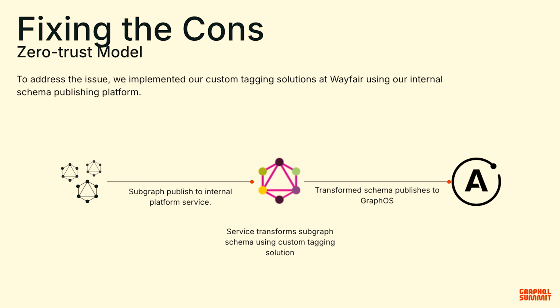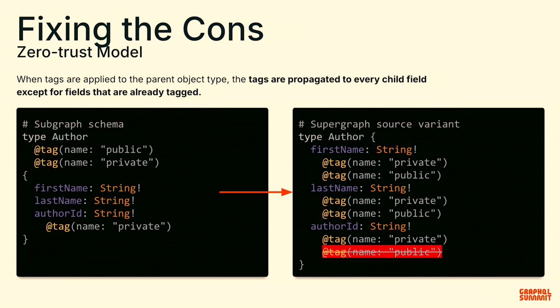This service is essentially the hub for all things federated GraphQL at Wayfair, which allows us to apply additional linting rules that aren't part of composition, and also apply transformation logic to the schema before publishing it to GraphOS. To get around the tagging complexities, we implemented a custom schema transformation rule for contract tagging.